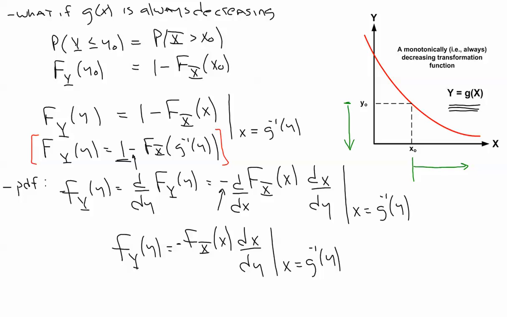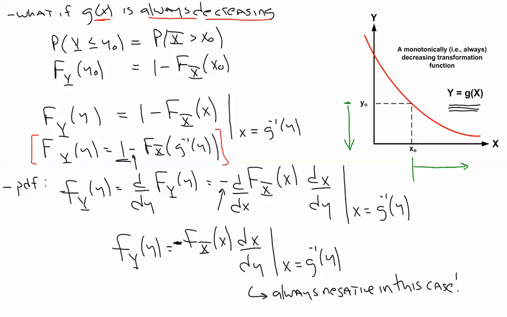All right? Now, here's something you need to observe. Remember, there's a big minus sign right there. The derivative of x with respect to y is always negative in this case. Remember, we're looking at a monotonic g of x function that is always decreasing.